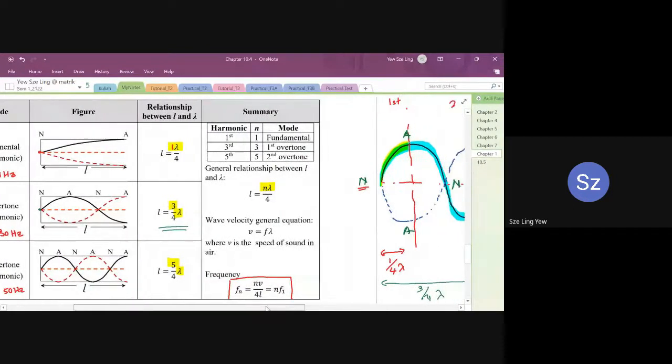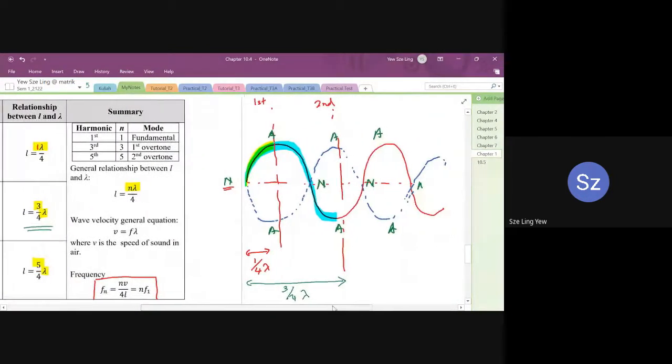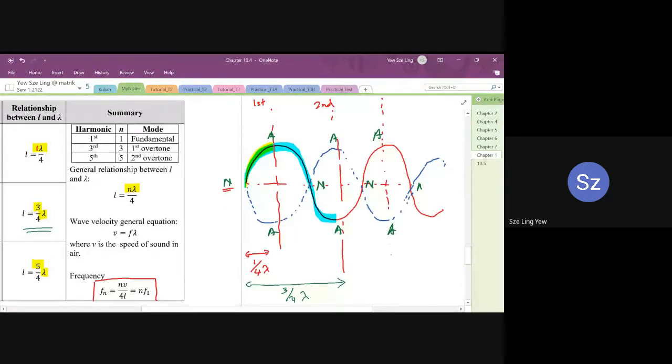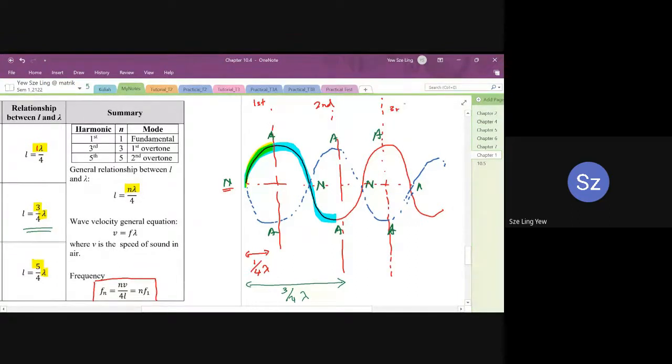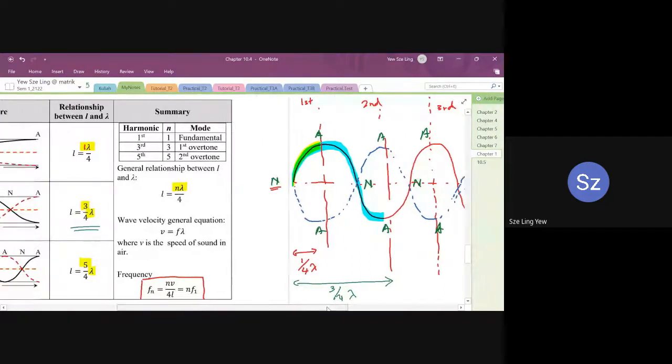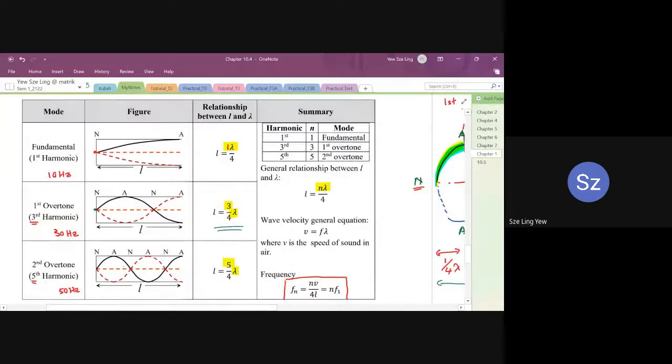For the third resonant frequency, or your fifth harmonic, this is the third time where I can get N and A in a standing wave. So I put it in the second overtone, the third resonant frequency, which is your fifth harmonic, in the diagram. You just crop the shape and then put it in this closed end pipe.